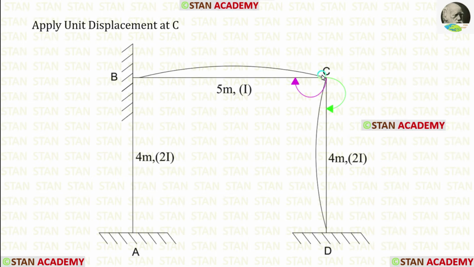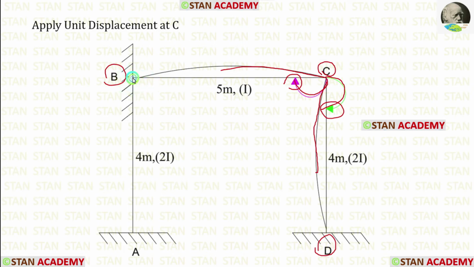We are applying unit displacement in the point C. From the point C, we have to make two clockwise curves, one curve towards the point B and one curve towards the point D. Then we have to see the direction of the arrows and draw these curves. We have to be very careful.